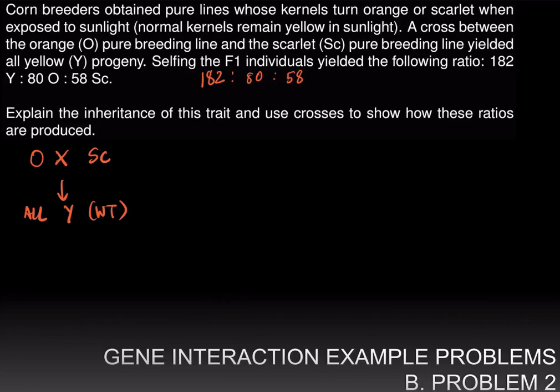If you divide all three numbers by 20, it is roughly a 9:4:3 ratio. That is, it's a modified 9:3:3:1 ratio, and therefore the two genes must be unlinked.